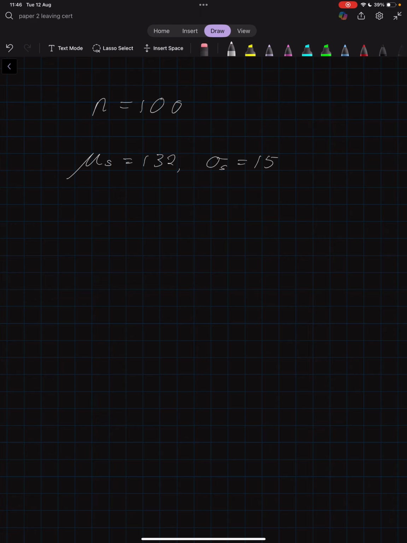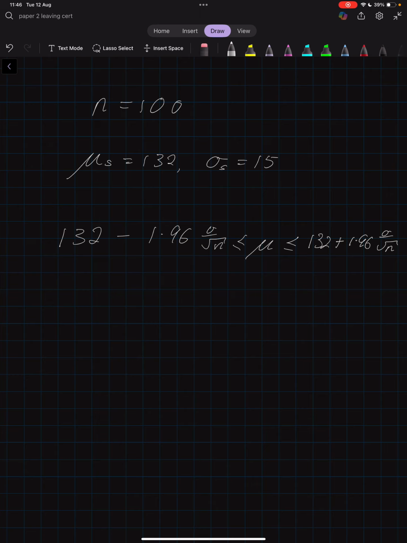Interpret this interval. So basically, what you do is you say, okay, well, the mean is 132. You're going to minus 1.96 sigma over root n. That has to be the actual mean. And then 132 plus 1.96 sigma over root n.